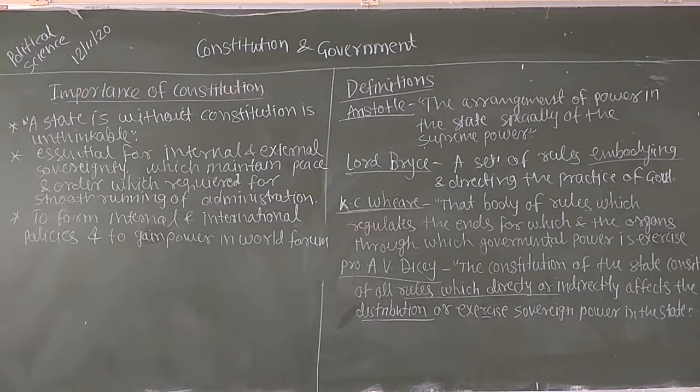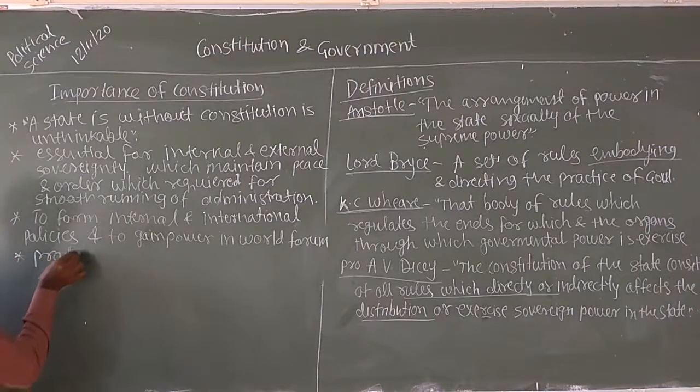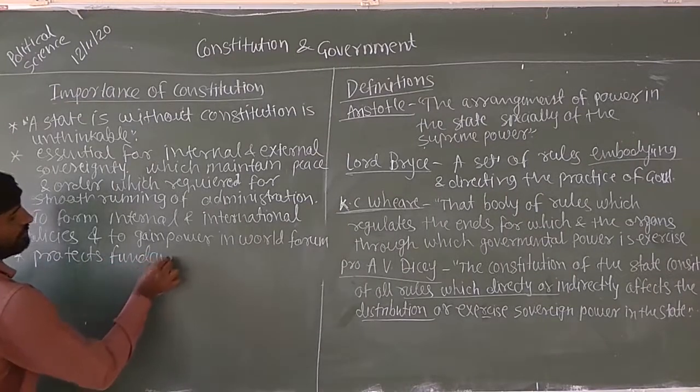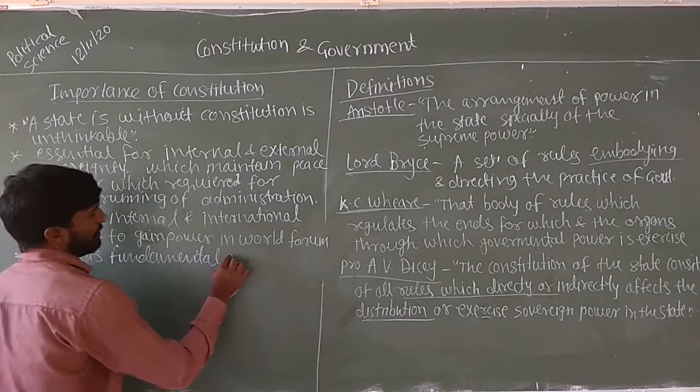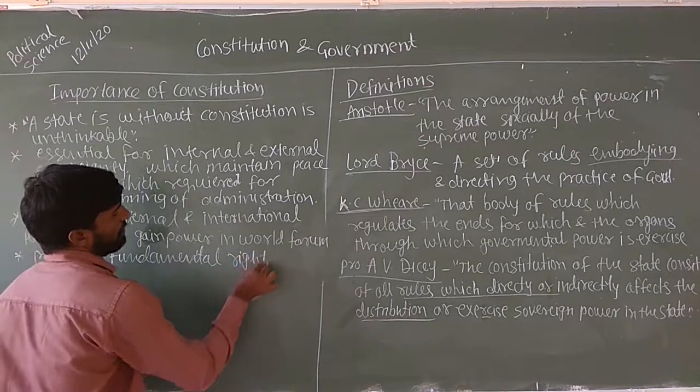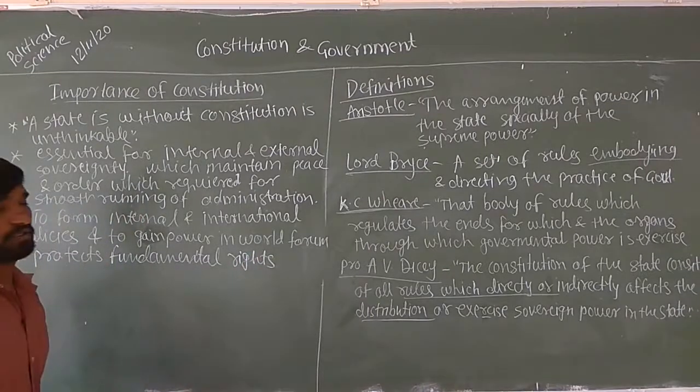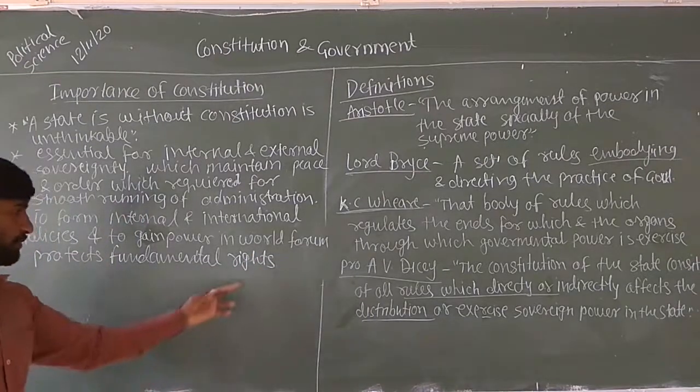Next point, which is going to be protected by incorporating the provision in the Constitution: it protects the fundamental rights of the people. In the fourth part, the Constitution talks about the rights.